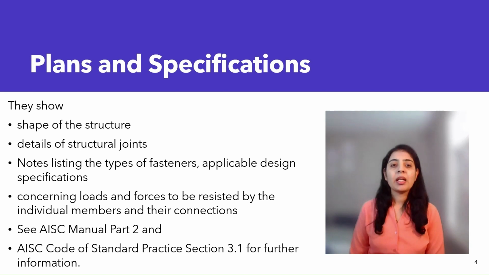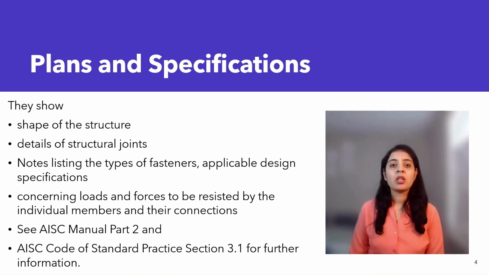Notes listing the types of fasteners, applicable design specifications, for example AISC, RCSC or AWS, grade of steel and type of paint to be used are included with other instructions specific to the construction of the structure.